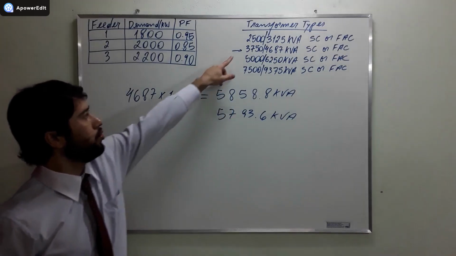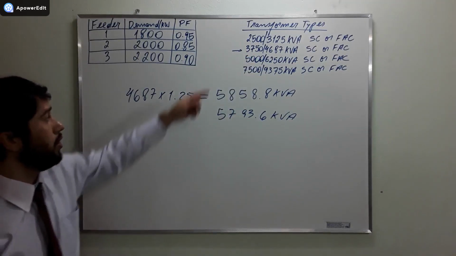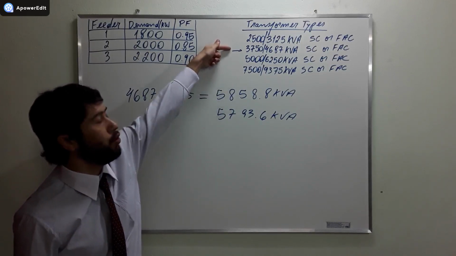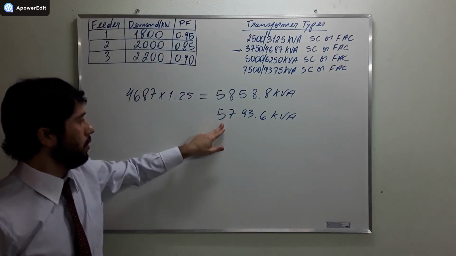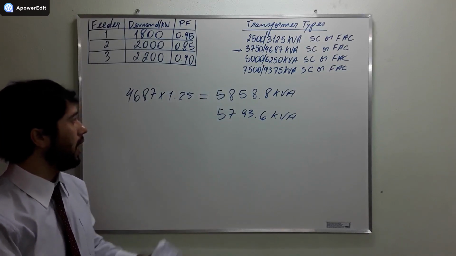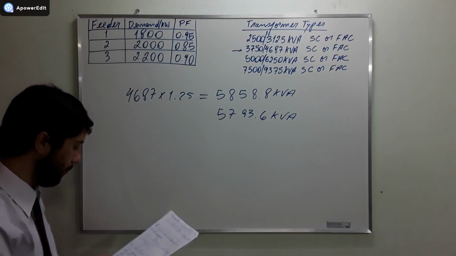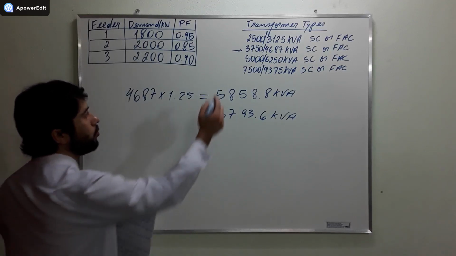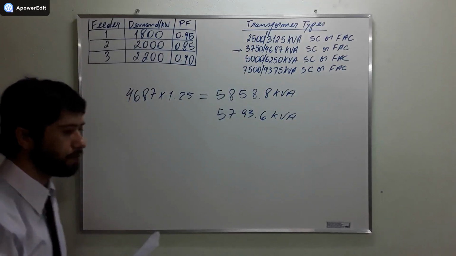So we can use this transformer here. This transformer may be cheaper. We don't need to buy a more expensive transformer. We can use the cheaper one with a lower rating, and we can still satisfy the demand without having flashovers or any kind of problem with the transformer. All right, so this is what we are going to choose.